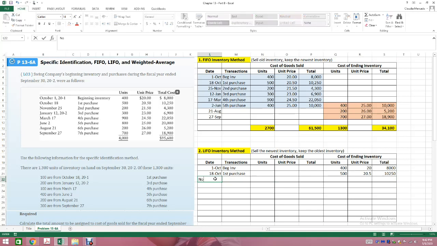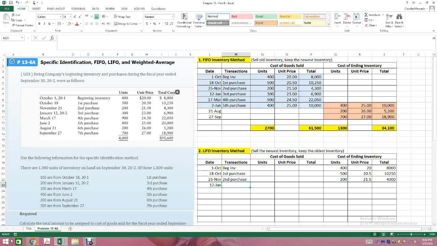Then I move on to my third one. This is happening November the 25th. This is my second purchase, okay? So here I have 200 at $21.50. That's $4,300, okay? Now we move on to January the 12th, okay?